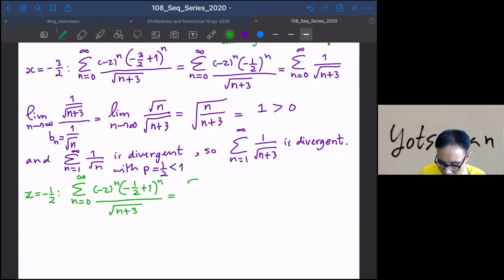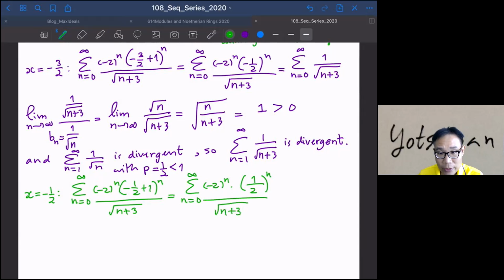This one will be the series sum from n equal to 0 to infinity of negative 2 to the n, and it's going to be 1/2 to the n over square root of n plus 3. And you see that you cancel this guy and this guy.